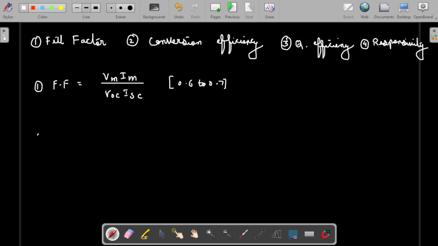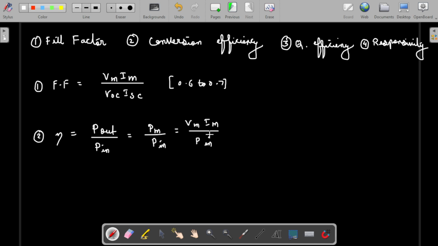The second one is conversion efficiency, eta, which is equal to P out divided by Pin. The P out is the output electrical power and Pin is the input optical power that is given to the cell. So this can also be written as Pm divided by Pin. We don't know the Pin formula, but the Pm formula we can take: Pm is Vm times Im.